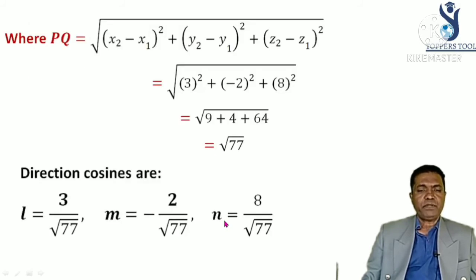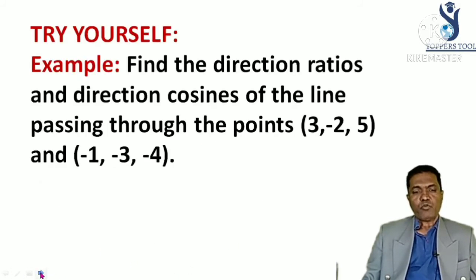So let's find PQ. PQ is by the distance formula. You can apply it here, substitute the values of x2 minus x1 that you found there, square, and you will get this. So therefore the direction cosines are l is equal to 3 by this, minus 2 by this, and 8 by this.